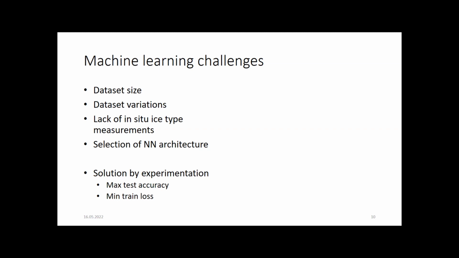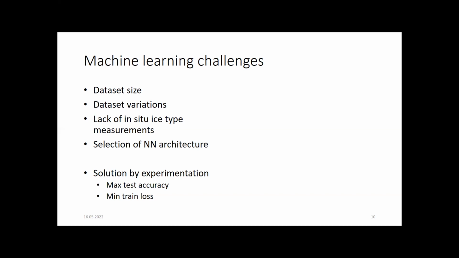Moreover, the method they use to classify the ice is a bit different compared to the one that we are able to develop at the moment on the satellite product.